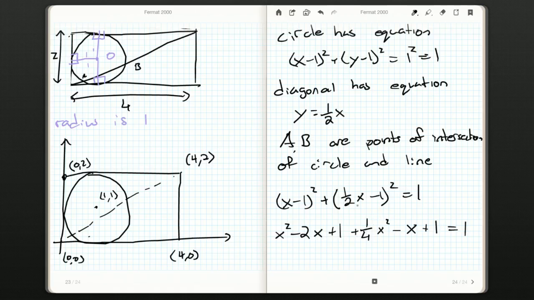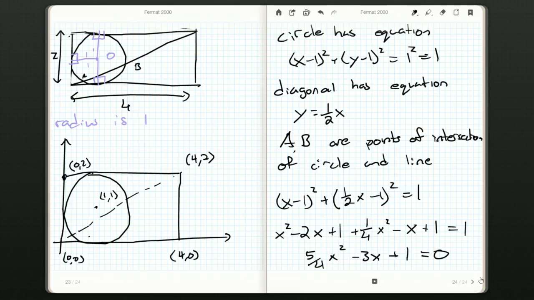Negative 2 times... Yeah, okay. Alright, so that is correct. So if we collect like terms, we have 5/4 x squared minus 3x. We have plus 2, and then we have 2 ones, and then we have another one over here. So this one and this one will cancel out. We'll just have plus 1 equals 0.